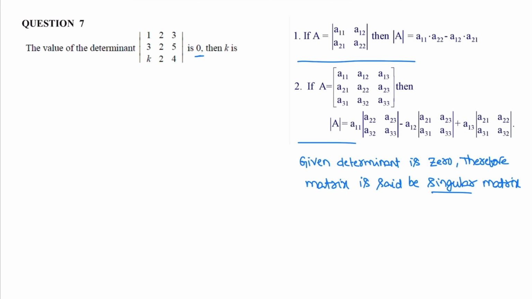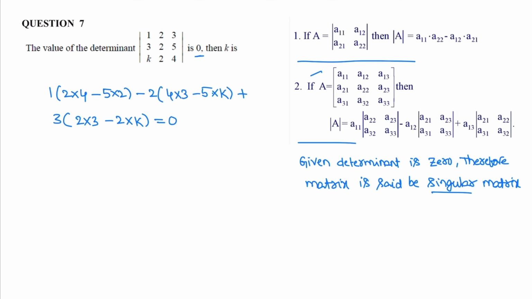So using this expression, the value of k is 1 into (2 into 4 minus 5 into 2) minus 2 into (4 into 3 minus 5 into k) plus 3 into (2 into 3 minus 2 into k) is equal to 0.